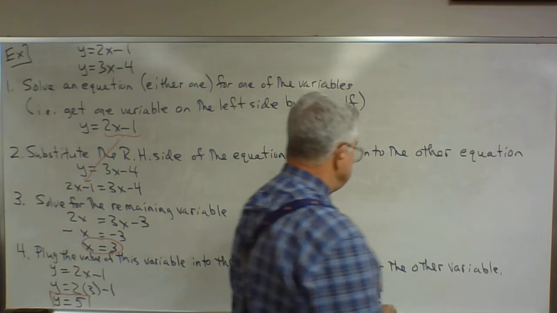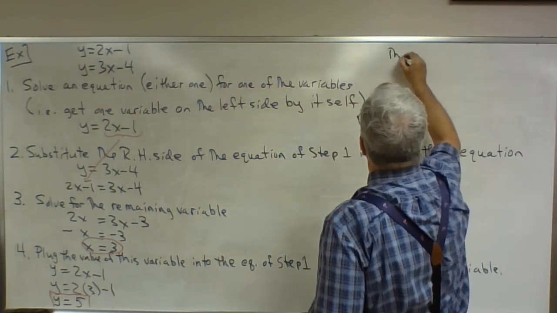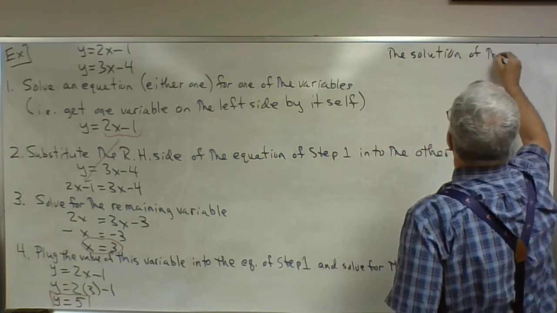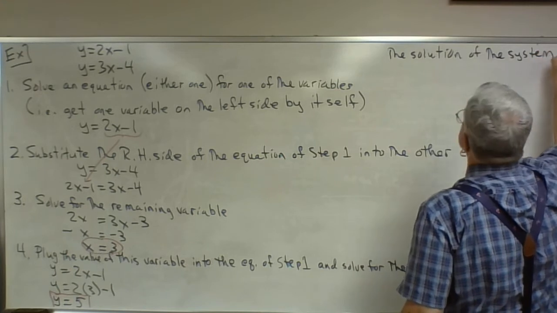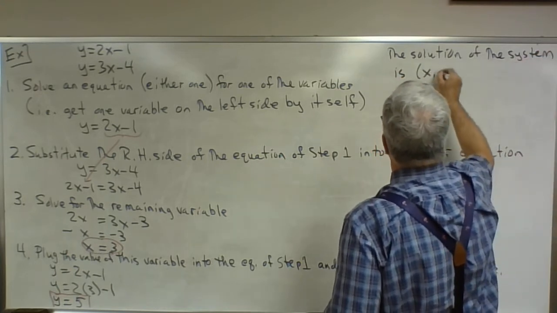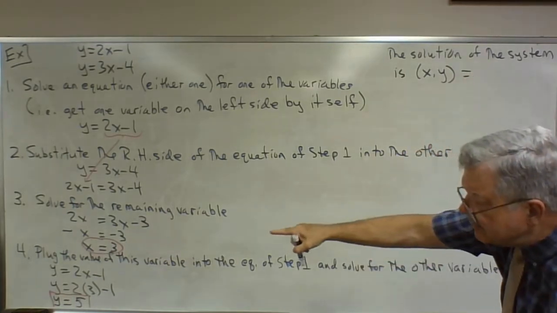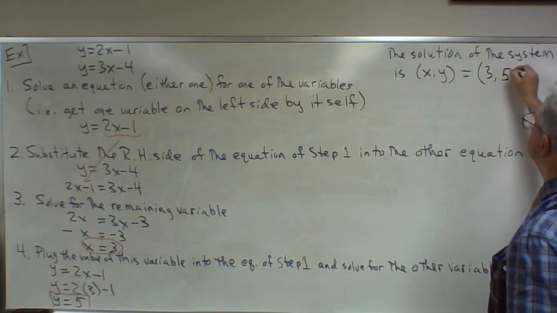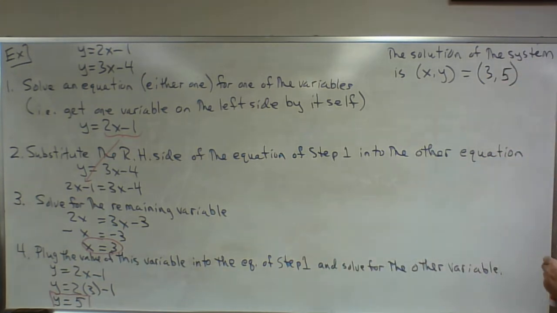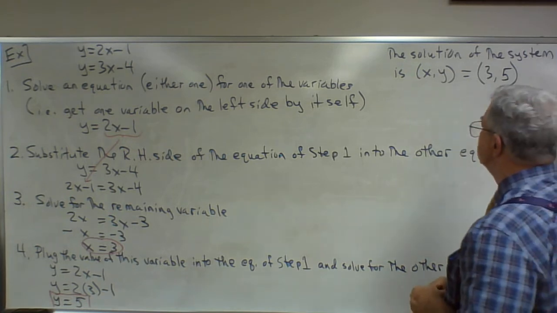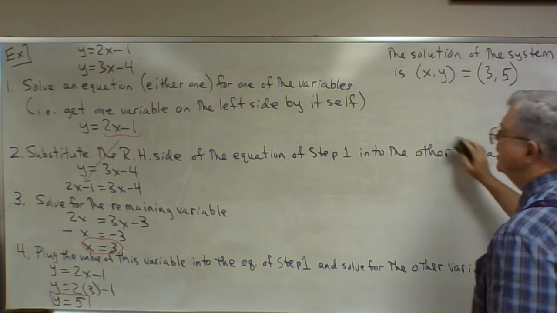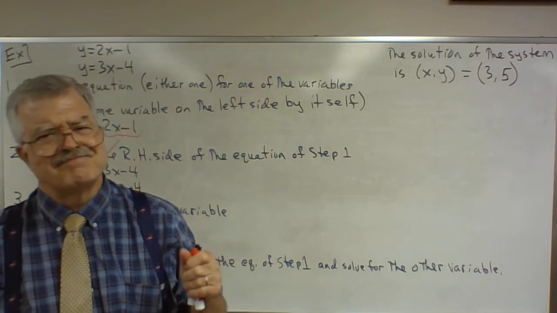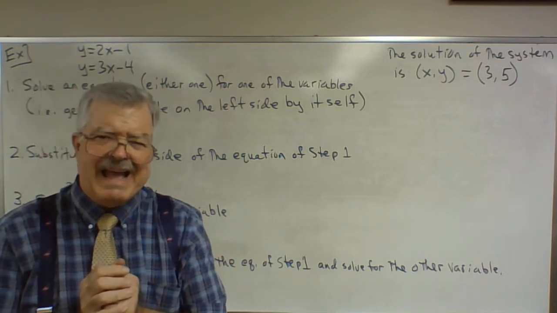So our solution of the system is (x, y), x was 3, y was 5. Am I done? I have a solution. Yeah, kind of, I'm done.